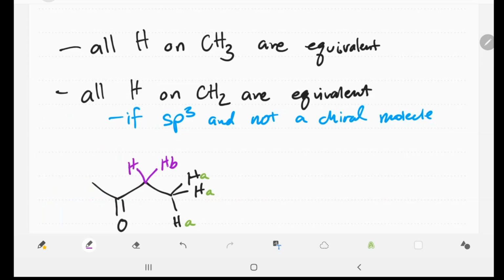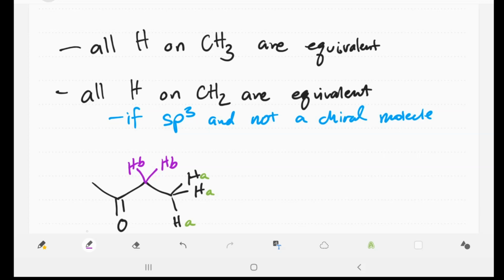These two hydrogens are equivalent to each other because they are sp3, and the molecule is not chiral. Don't worry, I'm not going to be giving you chiral molecules for NMR. So don't worry about it. So on an sp3 carbon, the two hydrogens there will be equivalent to each other.